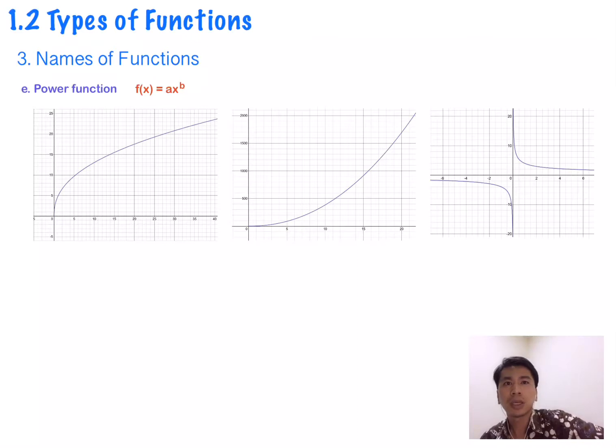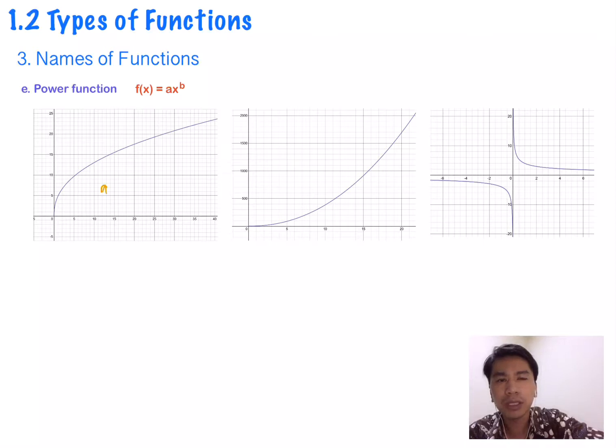The next one is power functions. It has a general equation f of x equal with a times with x to the power of b. This is a simple modifications from the polynomial functions, and you'll not have plus with the other terms. So that's why this is only the power functions. Below the power functions over here, I present three graphs.